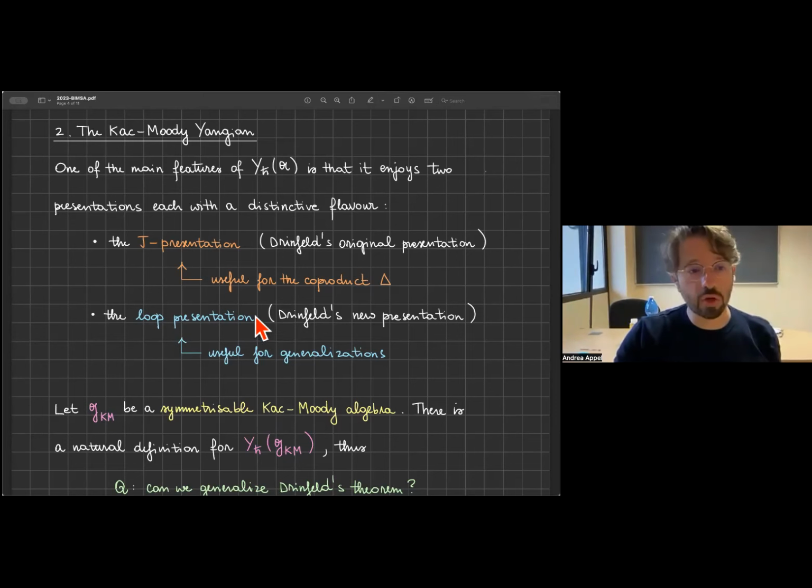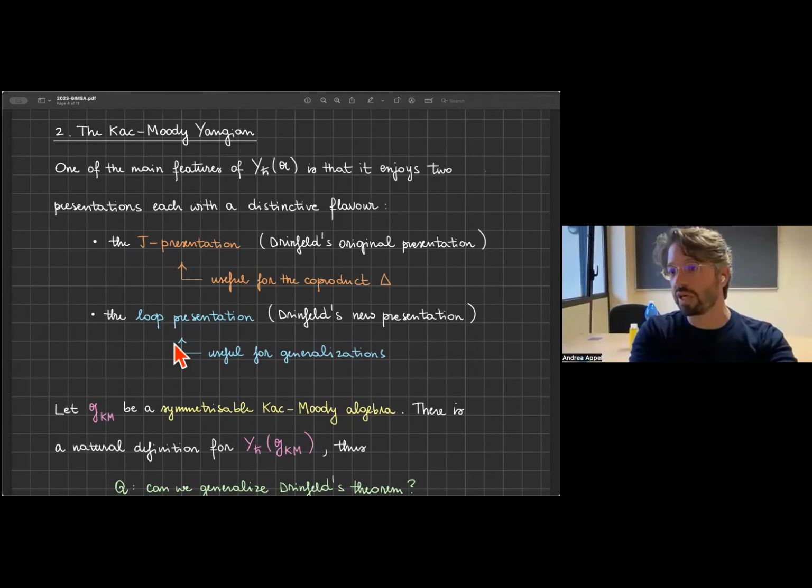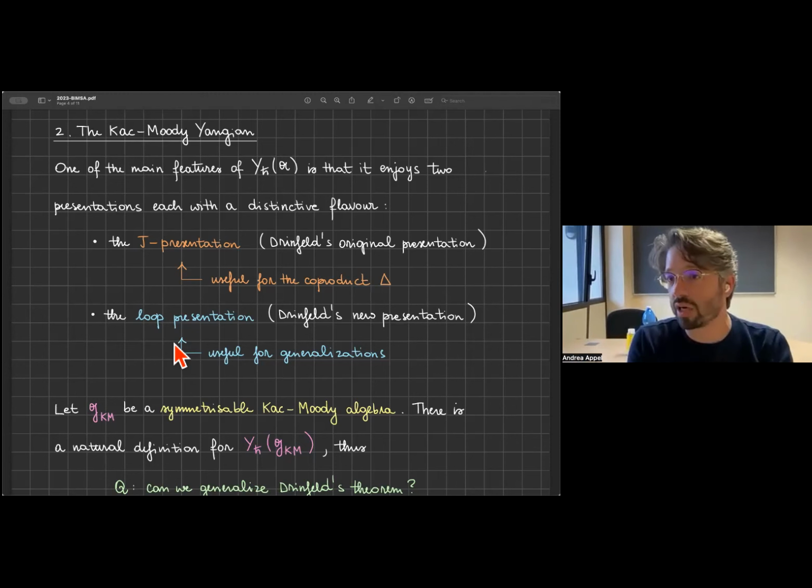Why is it so? Because this loop presentation is given simply as: I give you a Cartan matrix and you give me back an algebra by generators and relations.